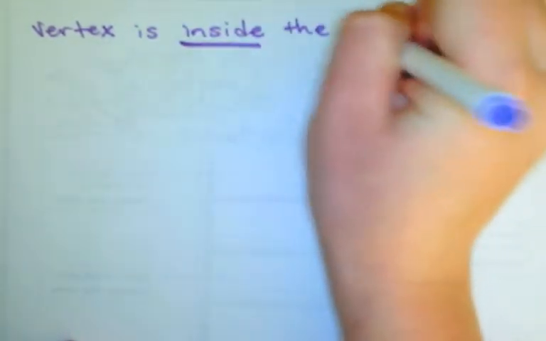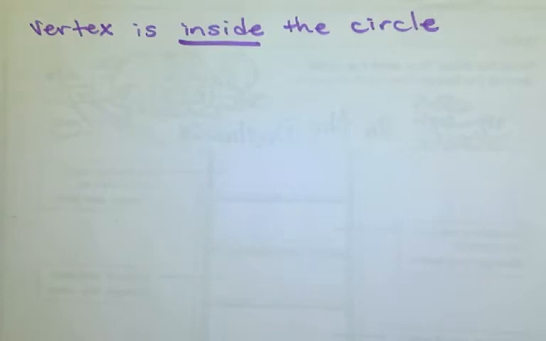All right, so our next one, we're going to have our vertex is inside the circle. So here's how that looks. I'm going to focus this. Yeah, that's a little better.